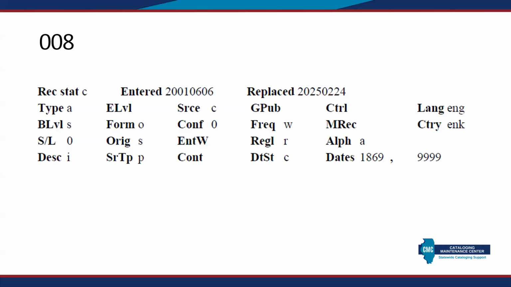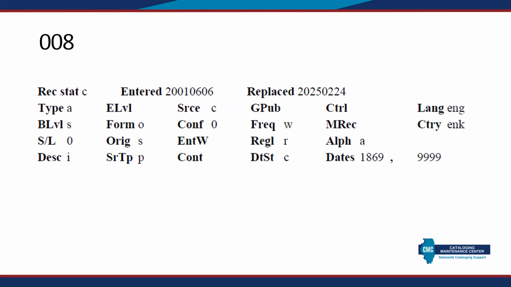Cont is similar to Int W, but gets a bit more specific, allowing for up to 3 codes, so we could note abstracts/summaries, dictionaries, and legal articles here if our item contained all 3. But again, none of the options are fitting for our journal, so nothing there. GPub is also left blank if the electronic resource is not a government publication, which Nature is not.